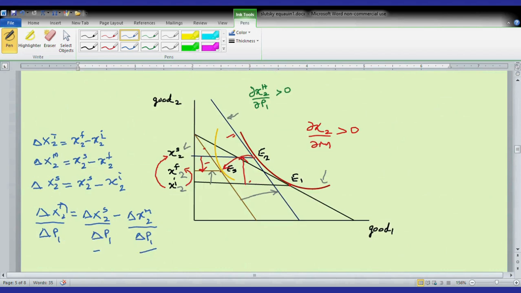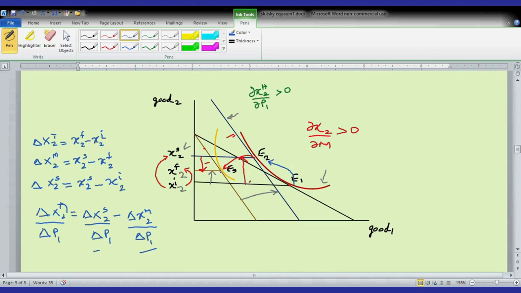See that after the compensation, what happened was that we moved from point E1 to point E2. Consumption of good 2 increased from X to I to X to S, and when compensation is withdrawn, we move from point E2 to point E3.